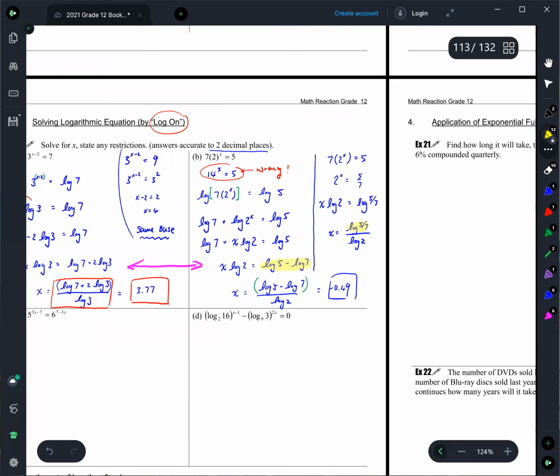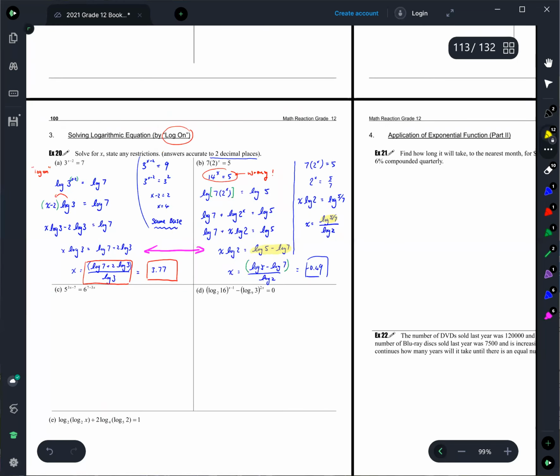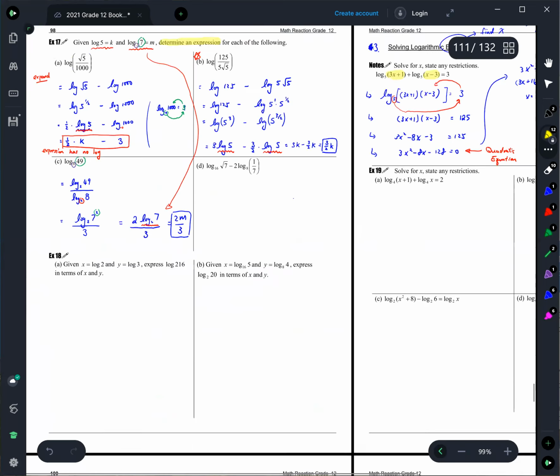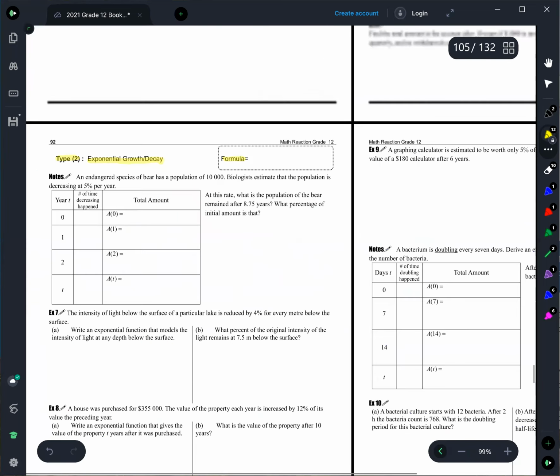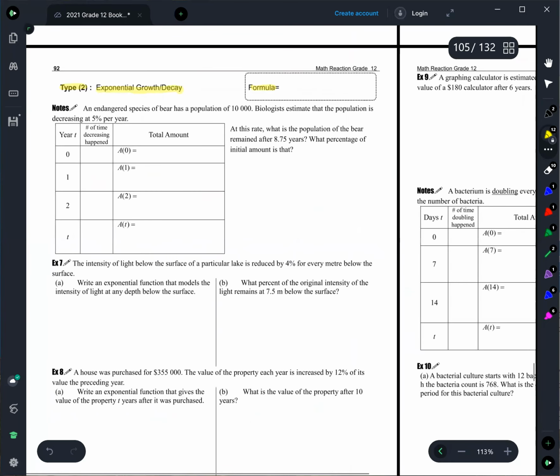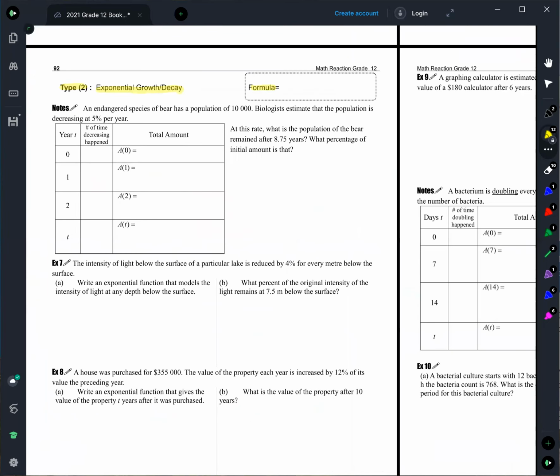All right, so the rest of the time, I want to cover the word problem. Remember last time we skipped the word problems? Okay, we only did the compound interest. Okay, we're gonna roll back the pages, a few pages back here. Okay, type 2. So please turn to page 92.